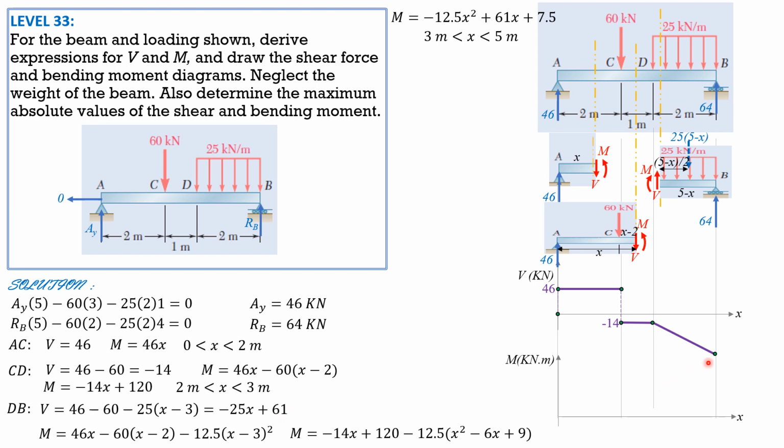And it's negative 64 here. Now, why do we connect these 2 points with a straight line? Because this is a line with negative slope, negative 25x plus 61, the slope is negative 25. So that's why we connect them with a straight line. So that's the shear diagram.